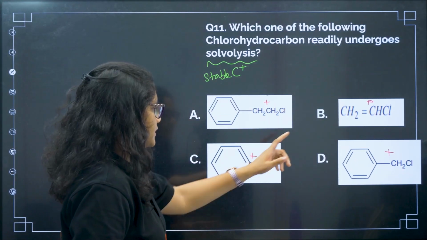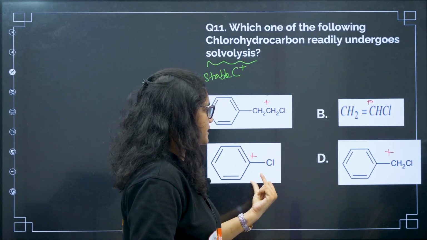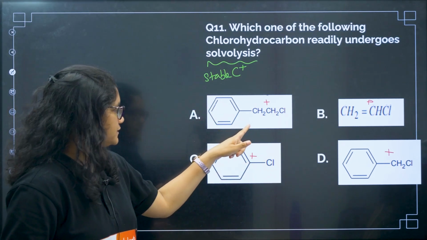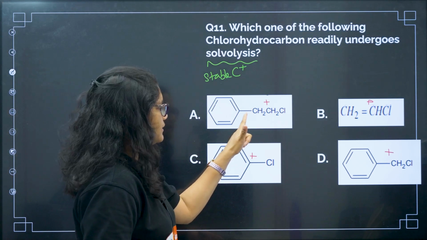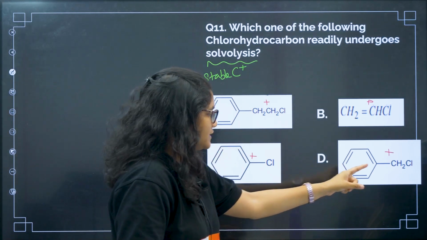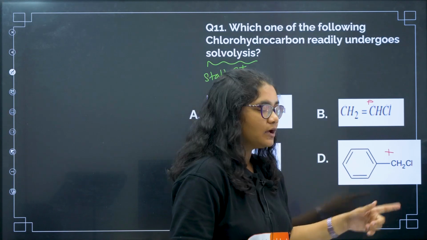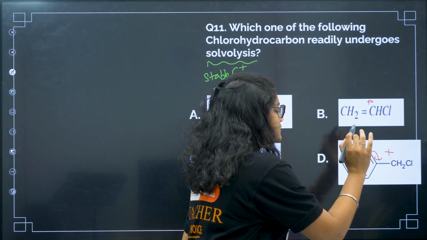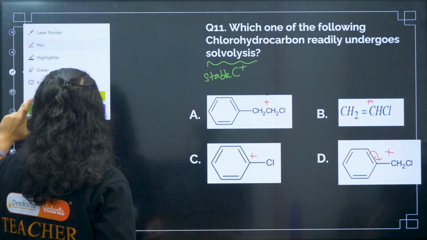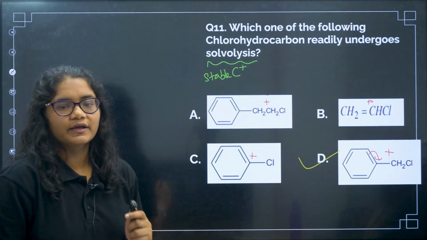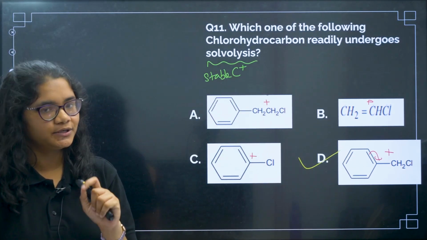Now if you see, these two carbocations are very unstable because they are on sp2 carbon. Now if you see this one, this carbocation is stable due to inductive effect, but if you see this one, this is a benzyl carbocation and is very, very stable due to the resonance effect, right? So that is why solvolysis will be faster in this one, option number D. So the correct answer for this question is option number D.